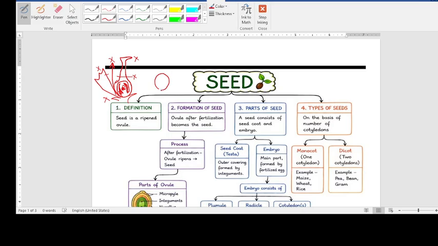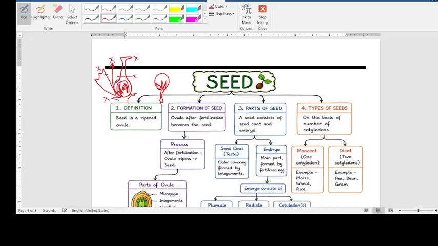If you want to convert it to a fruit, imagine it like this. In case of brinjal, if you remember, we have persistent calyx. So in that case, you will have this kind of structure which is converted to brinjal. The ovary part is this, and this is calyx which is persistent in case of brinjal.